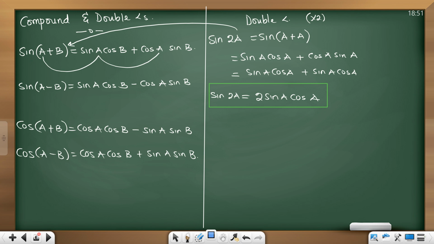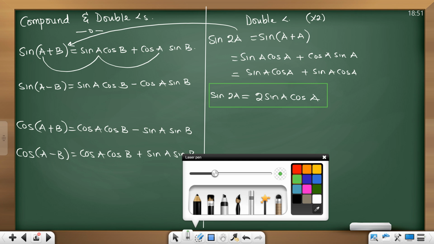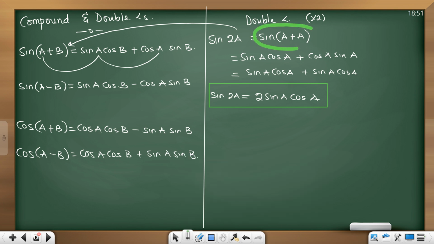Yes, Mufaro, Godfrey. Mufaro, how did we get from sine (A + A) to sine A cos A plus cos A sine A? Keep your mic on. Very good question. Are you okay with sine (A + B)? Do you notice it looks like this?